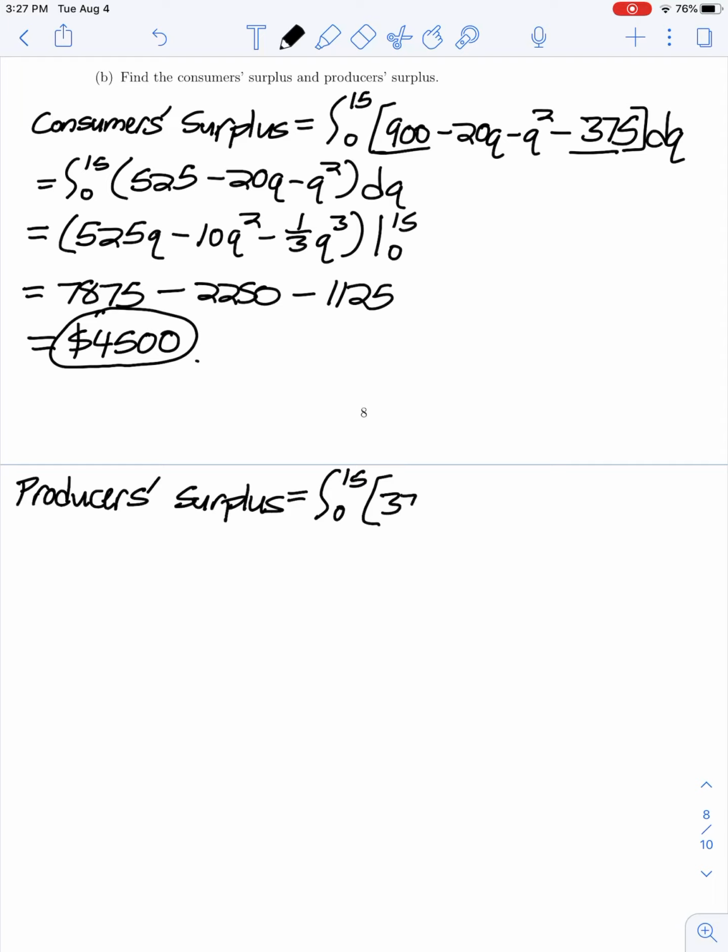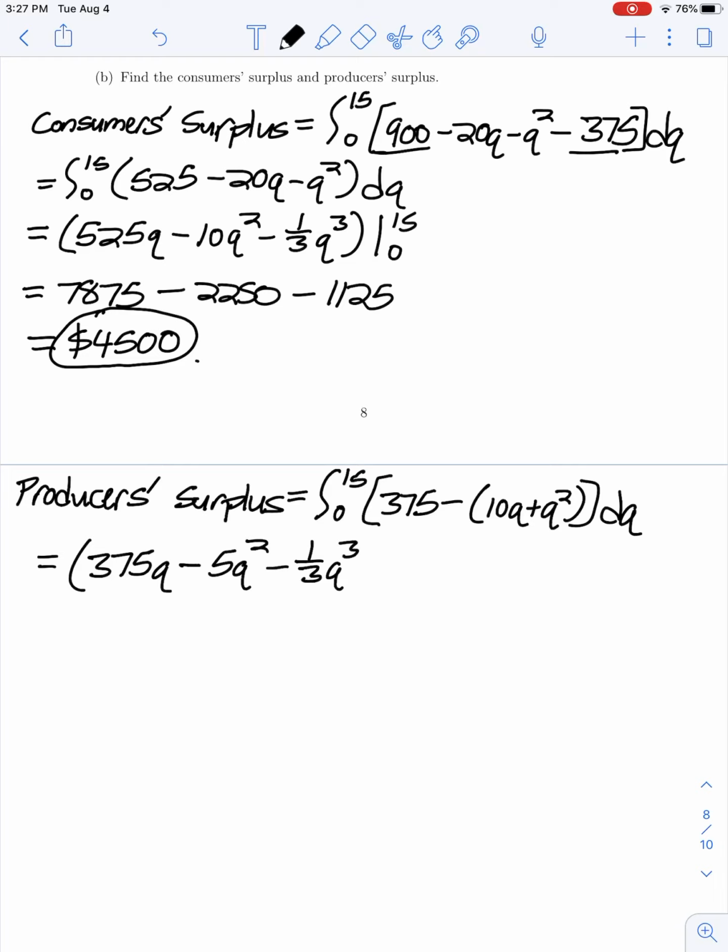The difference in the equilibrium price, which was 375, and we're subtracting our supply function, which was 10Q plus Q squared, integrating with respect to Q. So we have, for our antiderivative, 375Q minus the antiderivative of 10Q would be 5Q squared, and then minus the antiderivative of Q squared is 1/3 Q cubed, which is then being evaluated from 0 to 15.